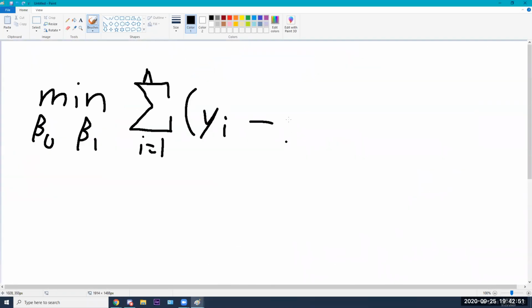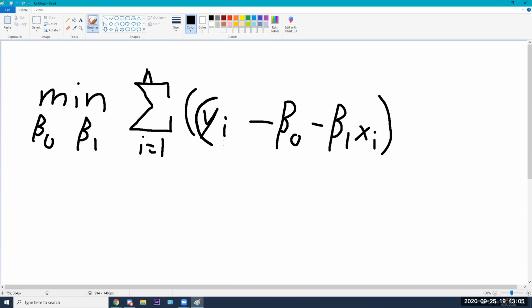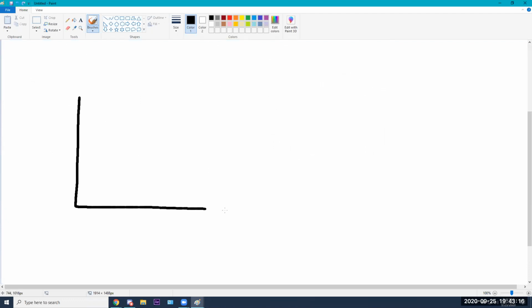So then, right, minus our prediction, which would be minus beta naught minus beta 1 x_i. So this is the actual term and this is the predicted term. If you think about it graphically, it makes sense, right?